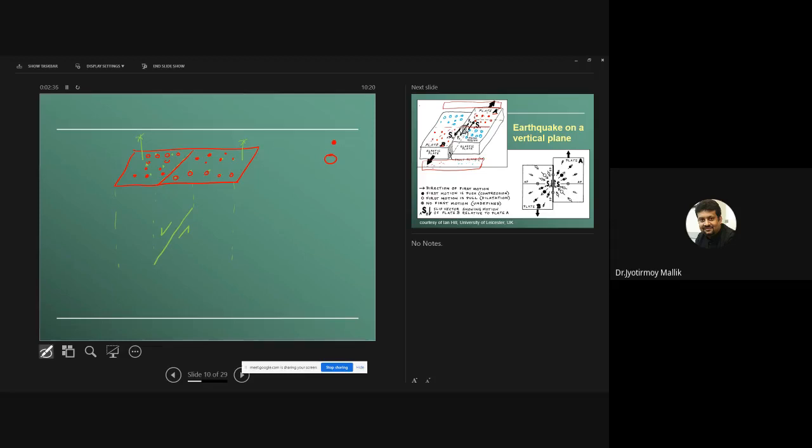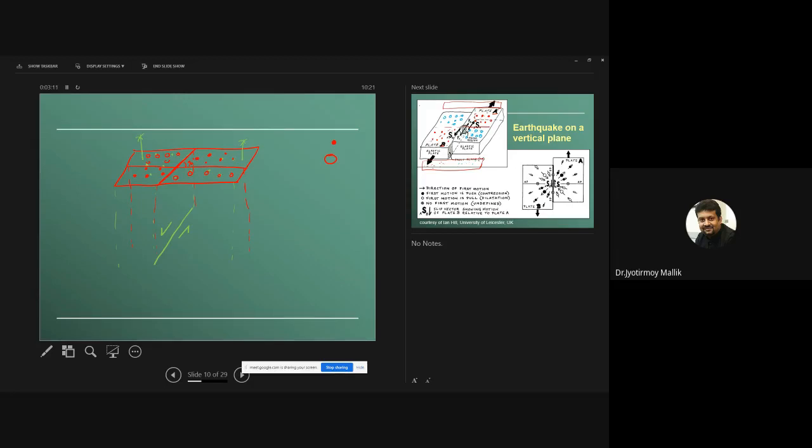Also another line which is kind of perpendicular. I mean, it's a projection, so it's 90 degrees. Okay, so I can simply divide them like that. So these two lines are nothing but the projection of two vertical planes, right?